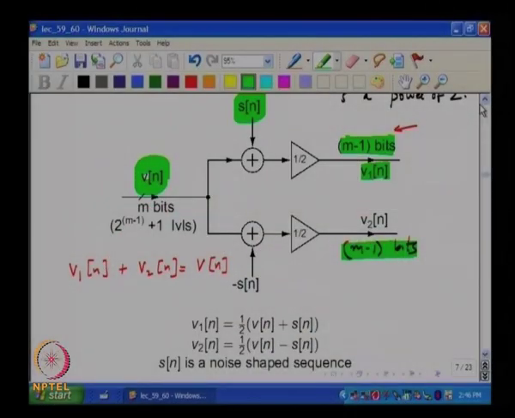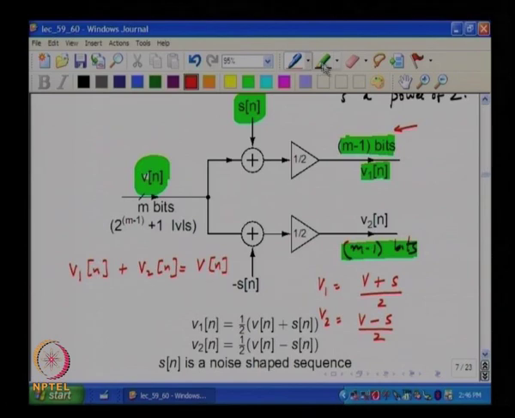So the basic idea is to split V into two sequences V1 and V2, where V1 and V2 have one less bit, with the additional constraint that V1 plus V2 is exactly equal to V of n, which means that V1 can be written as V plus S by 2, and V2 can also be written as V minus S by 2. This way, by construction, the sum of these two is equal to V.